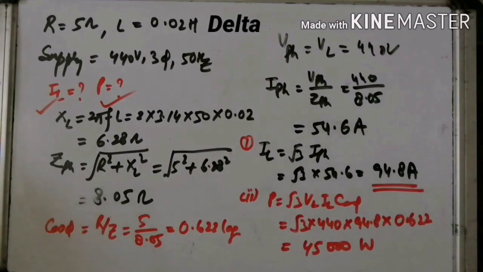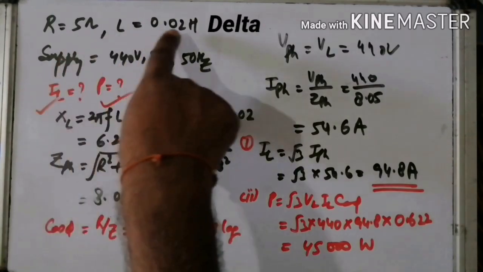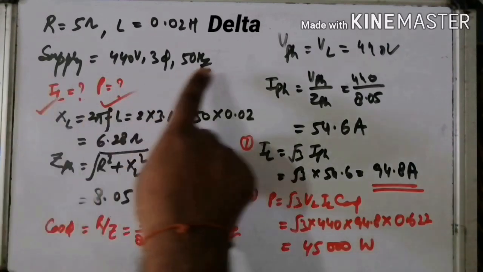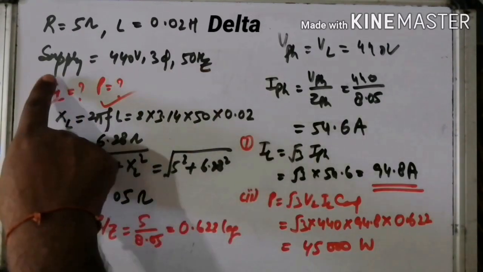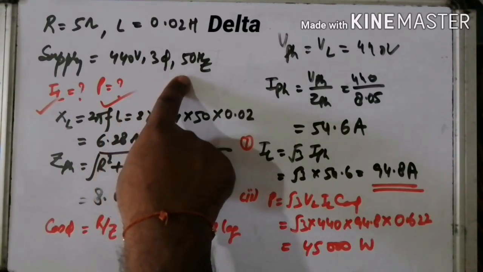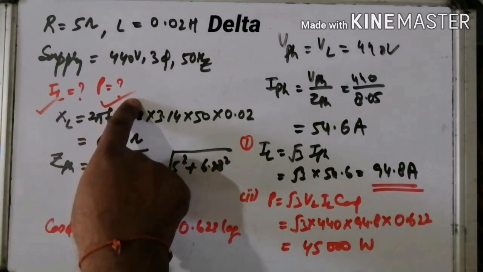Now see the question overall. Three similar coils each having a resistance of 5 ohm and inductance 0.02 Henry are connected in delta to a supply 440 volt, 3 phase and 50 hertz. Calculate line current and power absorbed.